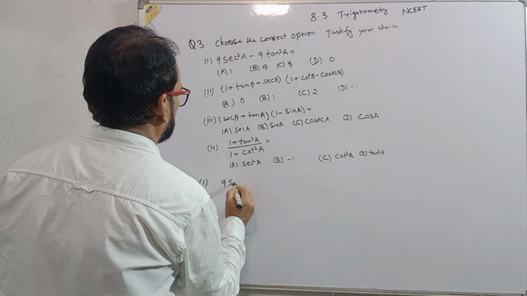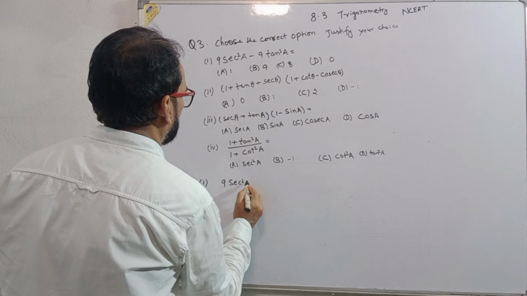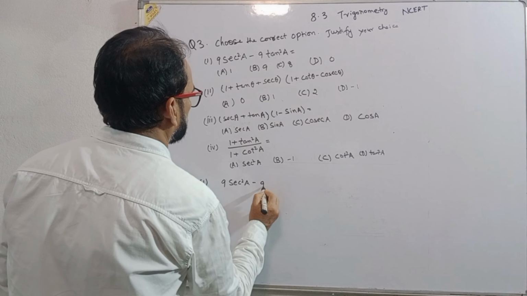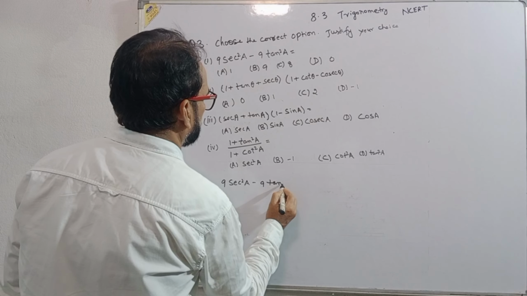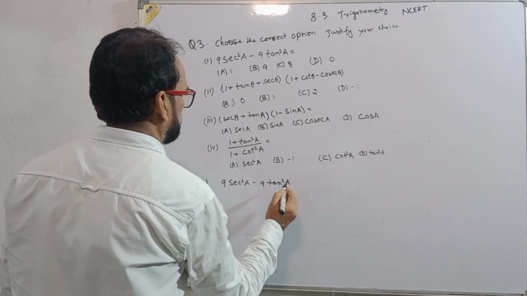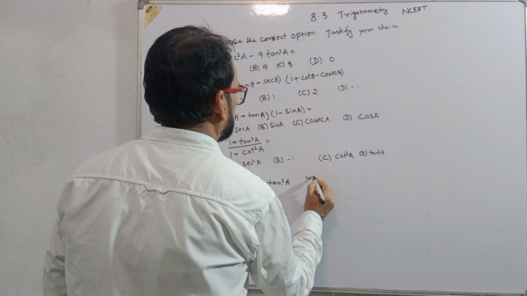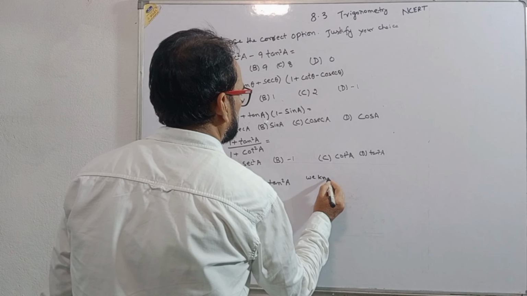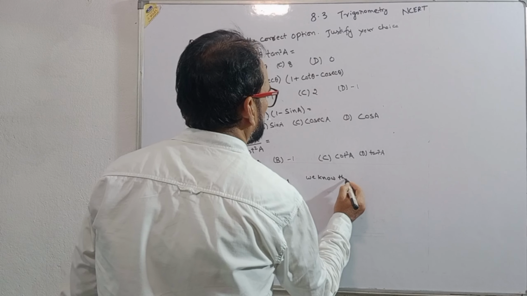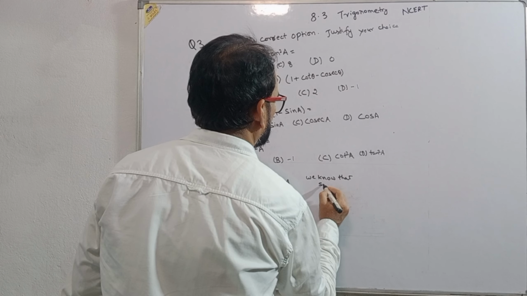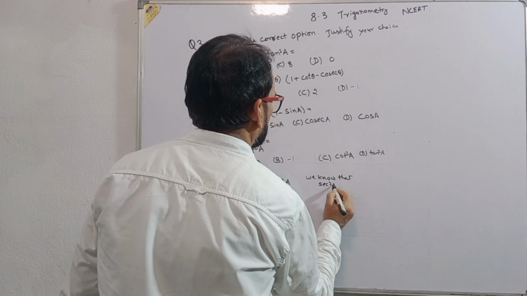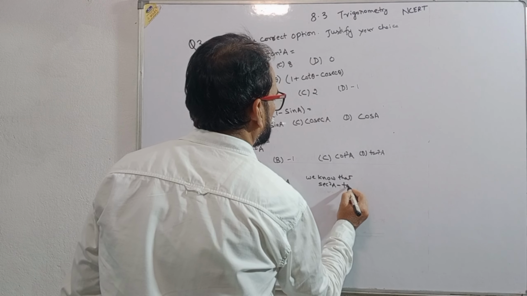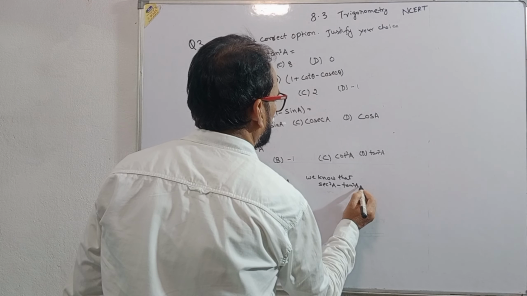We know that sec square A minus tan square A equals 1.